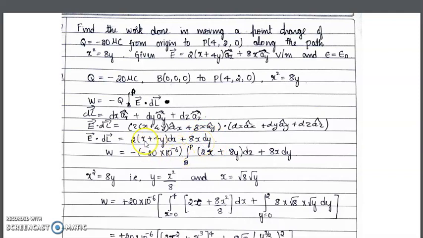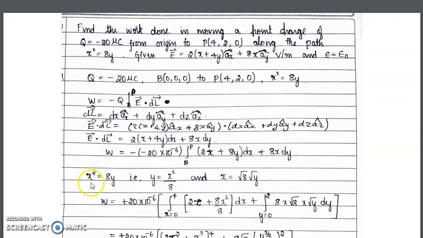Here if I substitute this E dot dl in the above equation, W is equal to the charge, minus 20 microcoulomb, integration from B to P of (2x plus 4y) dx plus 8x dy. The given equation is x square equal to 8y.